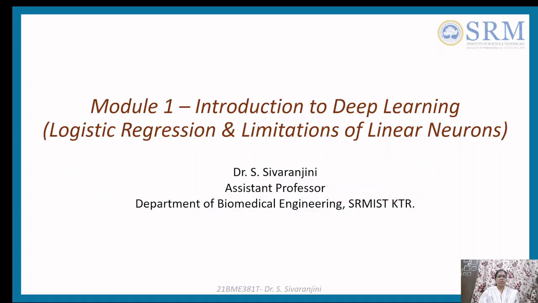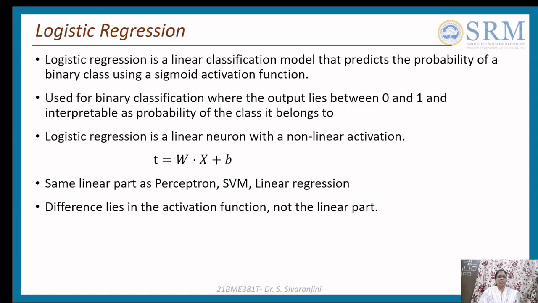Moving into the lecture, if the output is either a yes or no, how do we predict the probability? So there comes the picture of a logistic regression network. So what is this logistic regression? It is a linear classification model that predicts the probability of the binary class using a sigmoidal activation function.